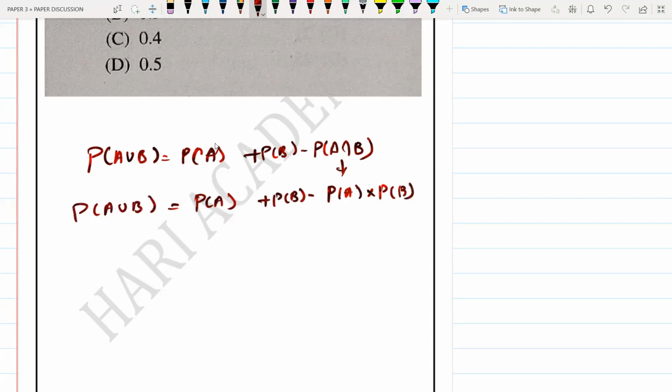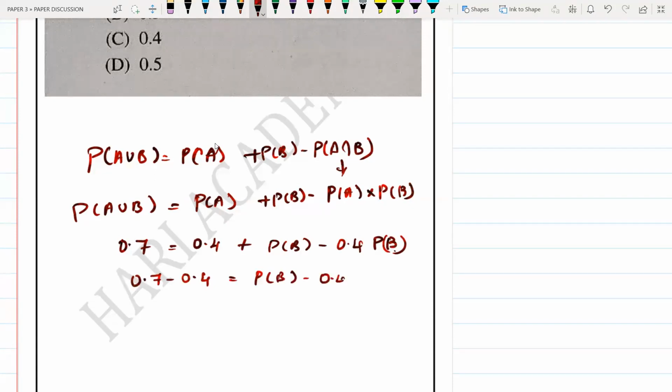We know A union B value, that is 0.7. A value we know, B value we don't know. So 0.7 minus 0.4 equals P of B minus 0.4 of P of B. Here it is 1, let's assume 1 probability, correct?